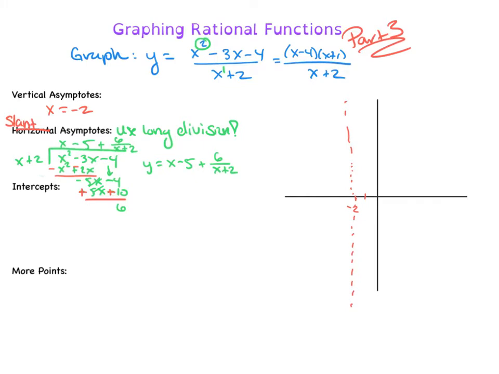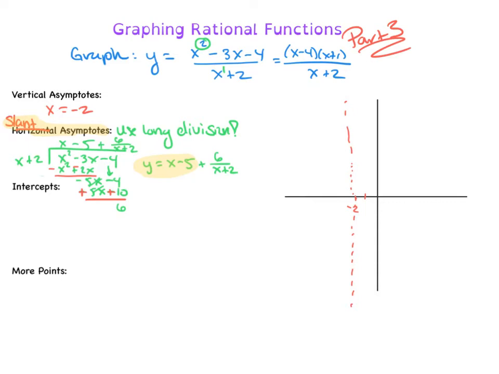The slant asymptote, I'll highlight this in yellow, is given by the first part of the result after long division. So disregarding the remainder, the x minus 5 gives us our slant asymptote.